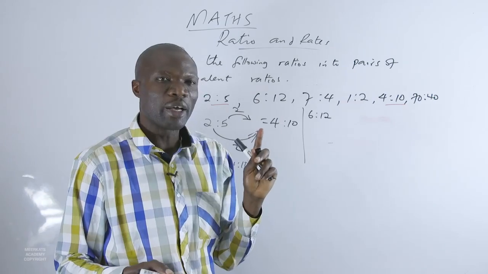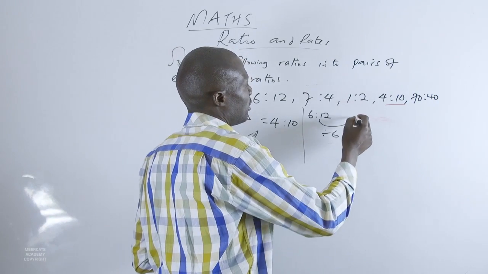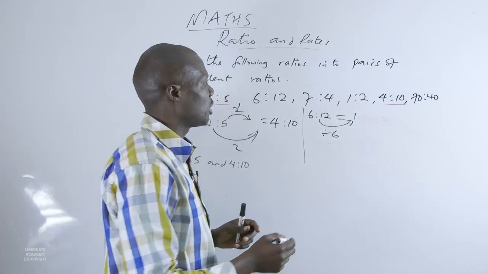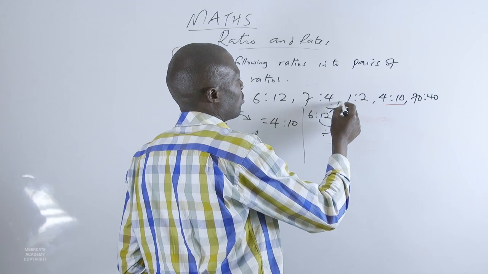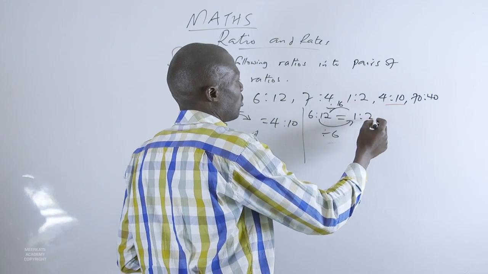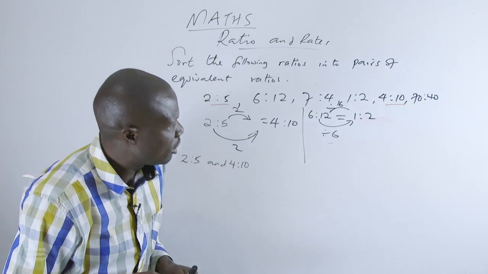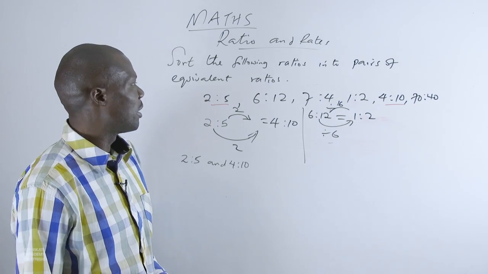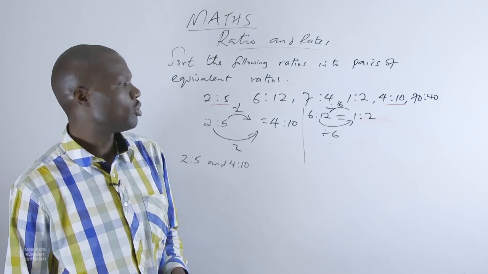6 divided by 6 will give us 1, and 12 divided by 6 will give us 2. So it is very true here to accept and say that 6 to 12 is the same as 1 to 2.